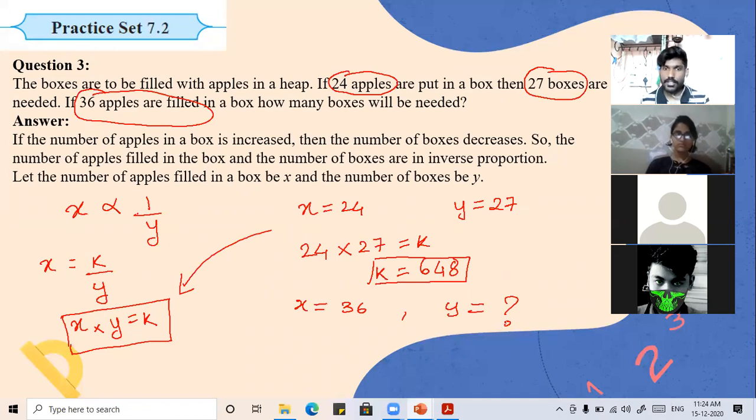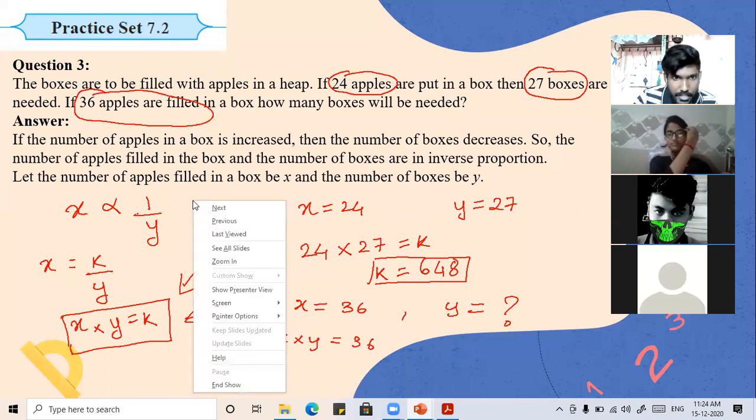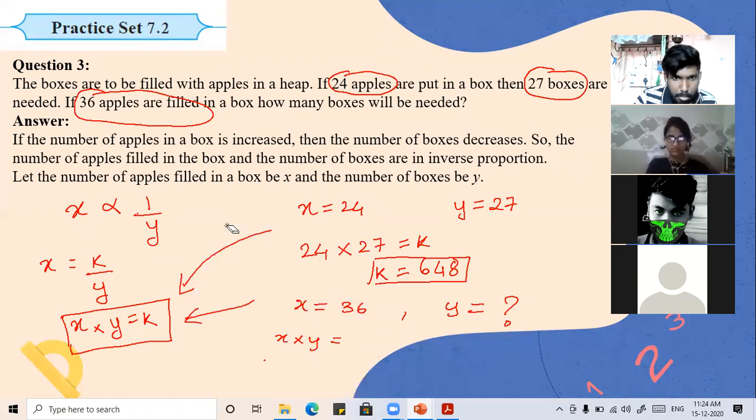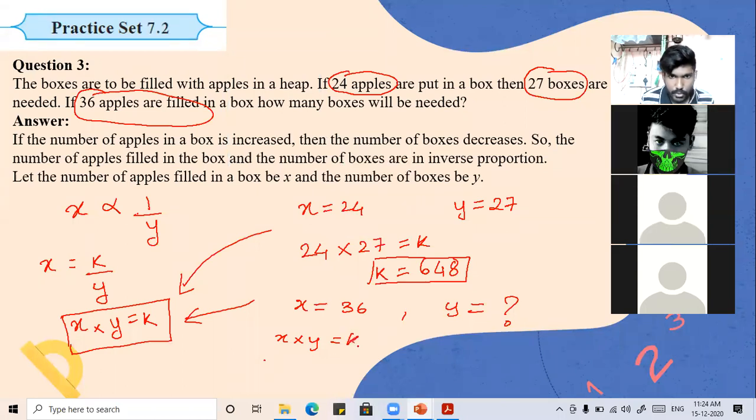So if X is 36, you have to find the value of Y. Let us substitute in the same equation. X into Y equal to K.